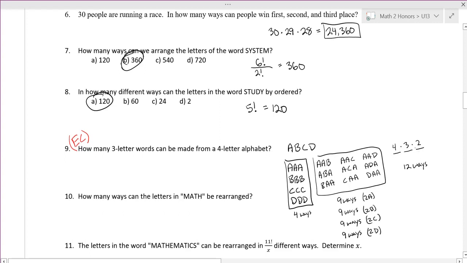Okay, so we're going to add all that up. So our answer is going to be 4 plus 36, that's your 4 9s, plus 12. And I'm getting 52 as an answer there.